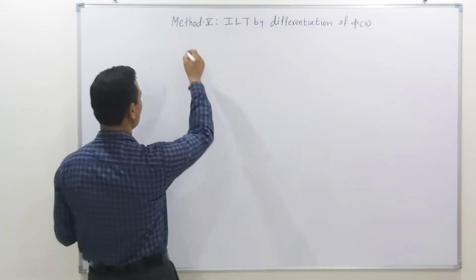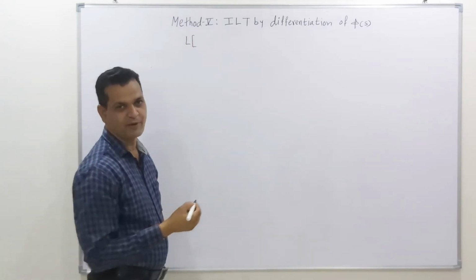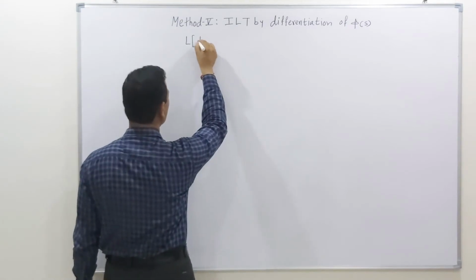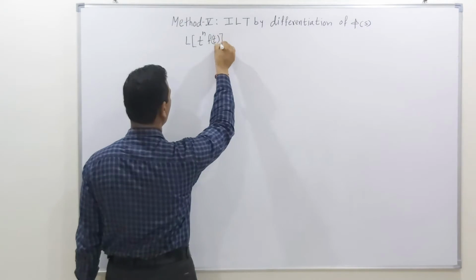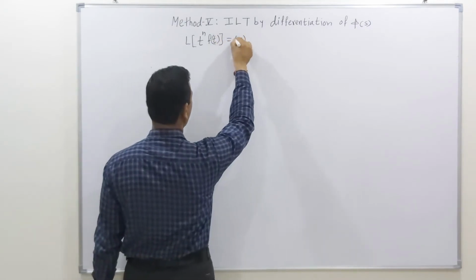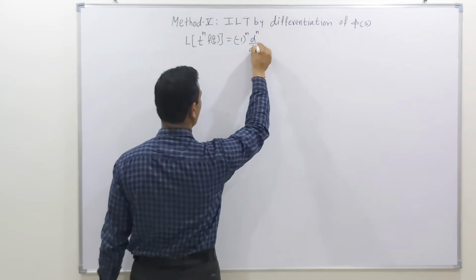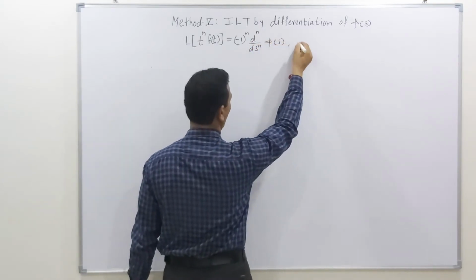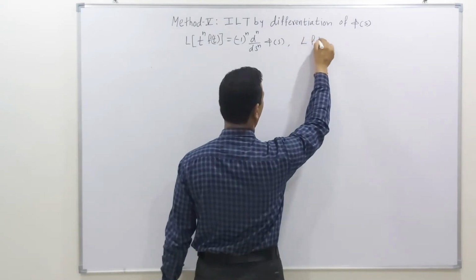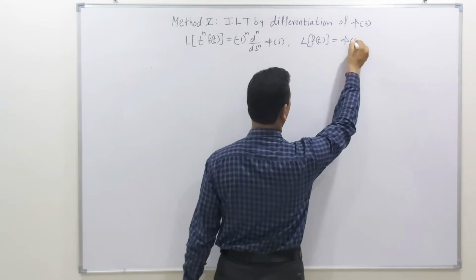Friends, we know that according to the effect of multiplication by t property of Laplace transformation, the Laplace transformation of t raised to n into f of t is equal to minus 1 raised to n into the nth derivative with respect to s of phi of s, where the Laplace transformation of f of t is equal to phi of s.